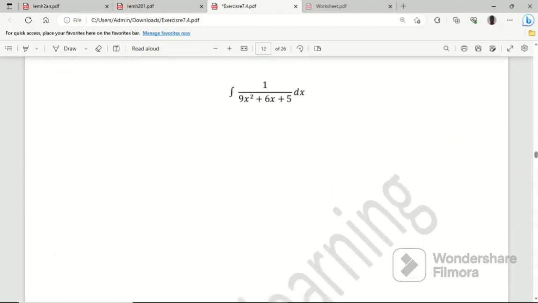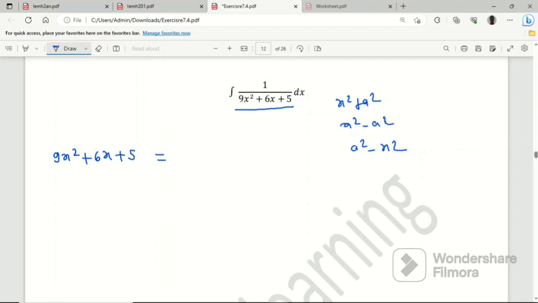Now we are moving on to a similar question, but here the root is not there. The concept is the same. You need to convert this quadratic equation again into the form of x square plus a square, or x square minus a square, or a square minus x square. Right now I'm helping you convert this because it is a new concept: 9x square plus 6x plus 5.